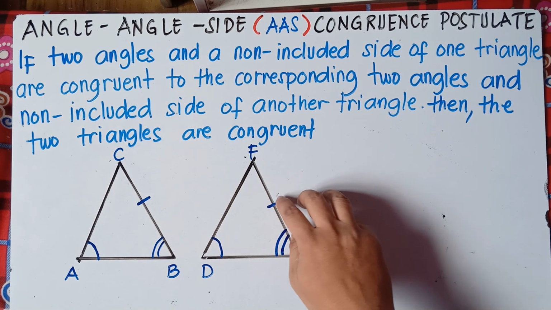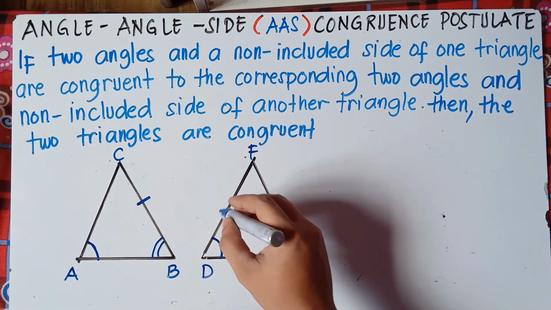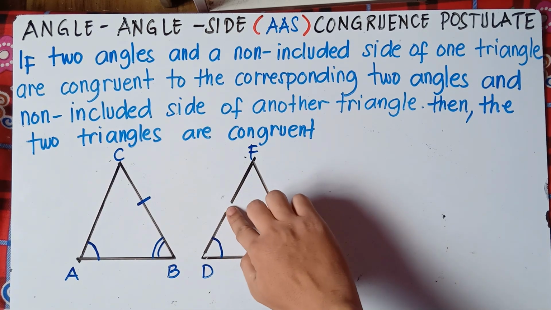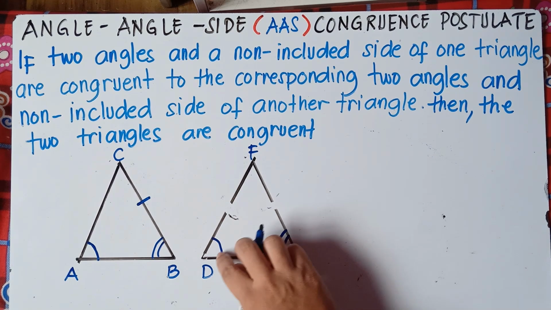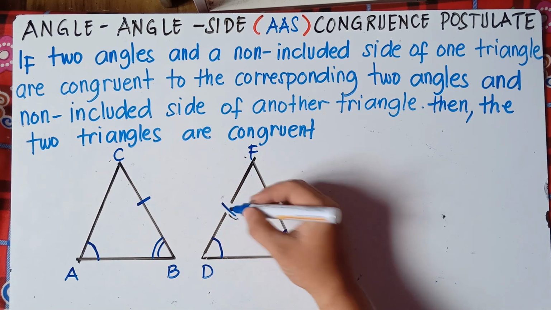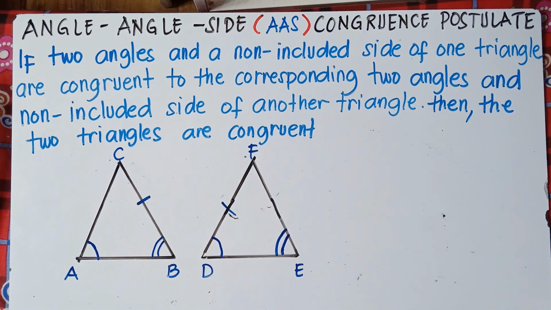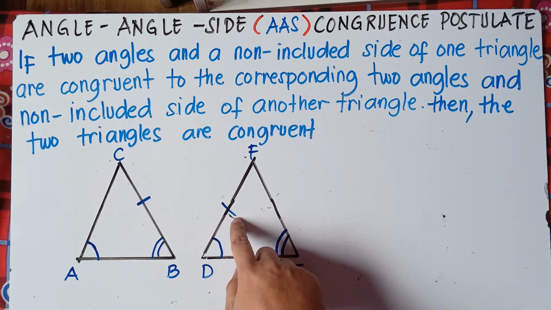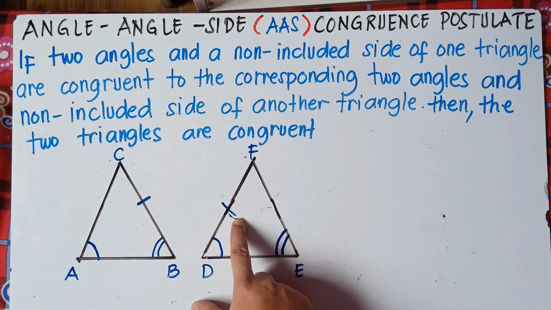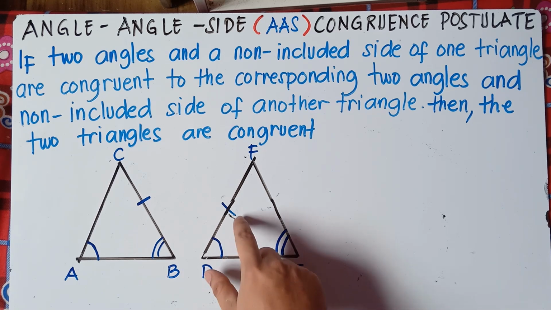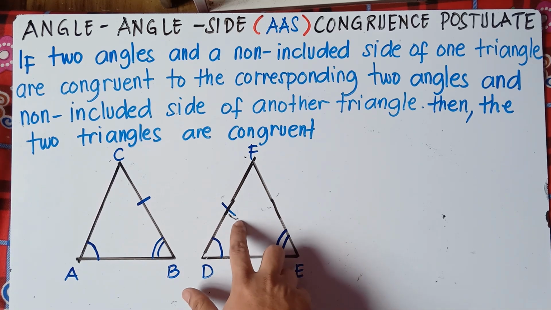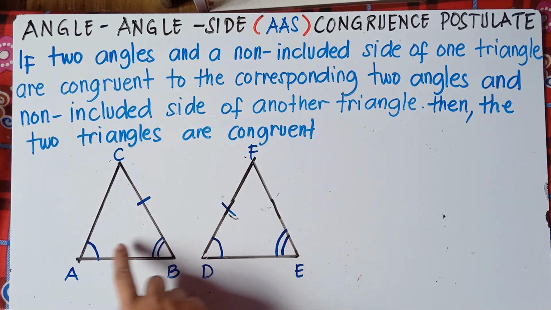If you put the non-included side next to this first marking, we cannot call it AAS, even if the non-included side is outside of these two angles, because it is not symmetrical with this one.